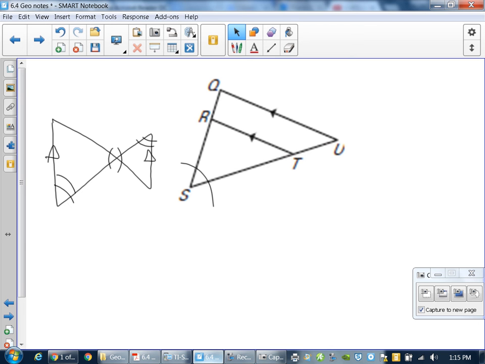What I'm trying to get you guys to remember is that you have all these different angle pair relationships that do show up from time to time. And it's just a matter of remembering how you draw them. Here it's pretty simple. Shared angle, these two angles are corresponding. That's all you need to show. You got two angles, you're done.